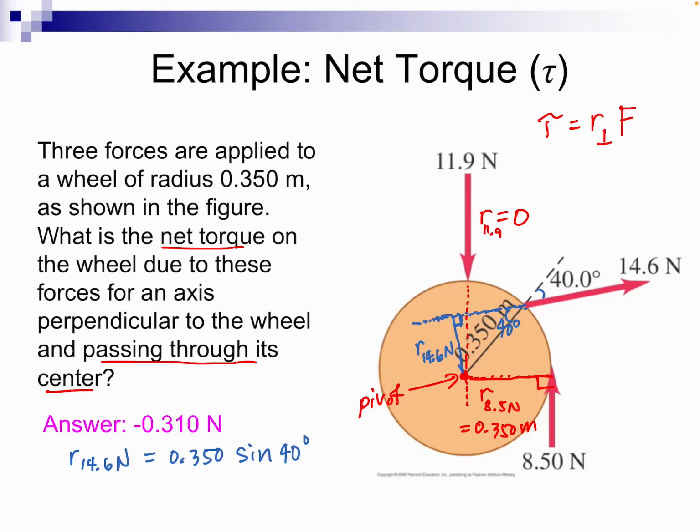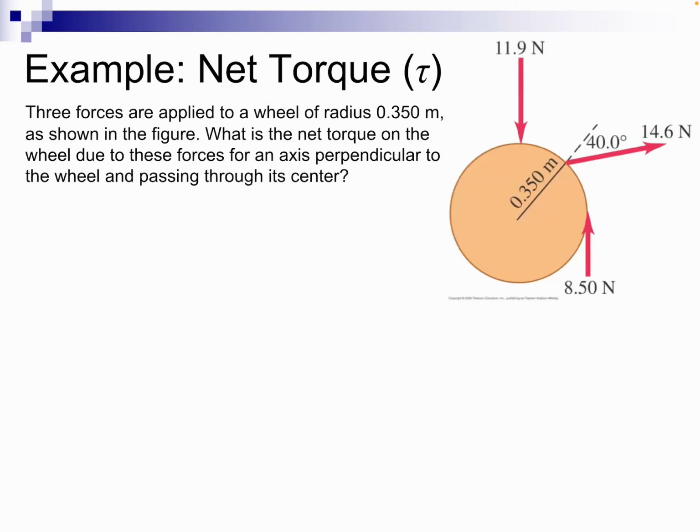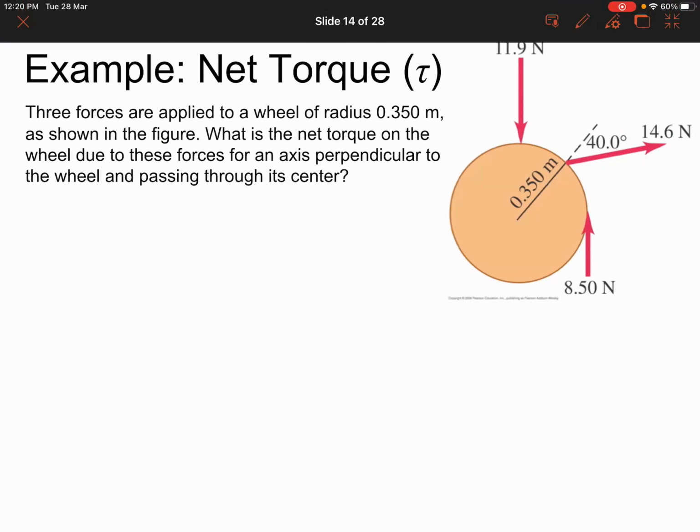Is that all right? Do we follow up to this point? Okay, so now we have our moment arms. Let me just use a clean page. We write it: the net torque will then be equal to the torque due to 11.9 newtons plus the torque due to the 8.5 newtons plus the torque due to the 14.6 newtons.